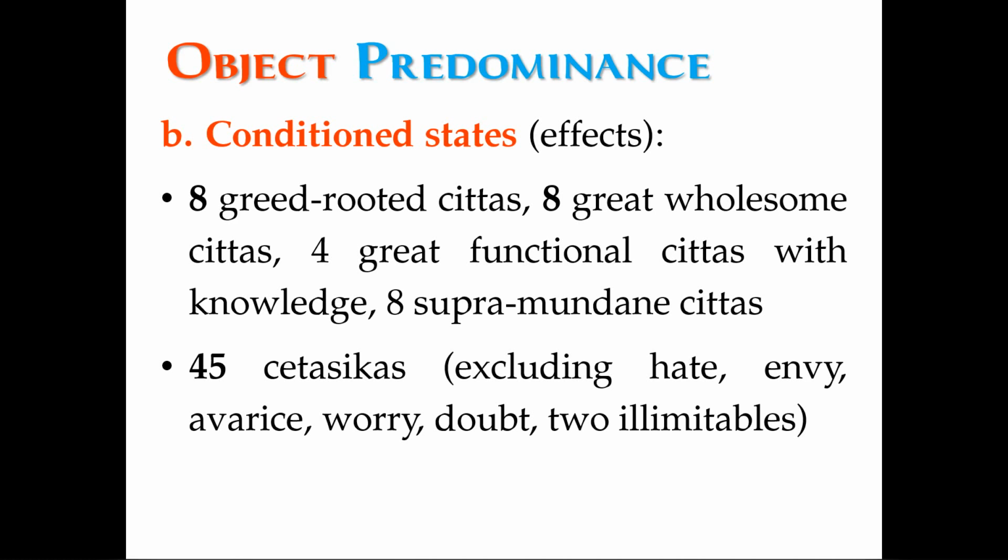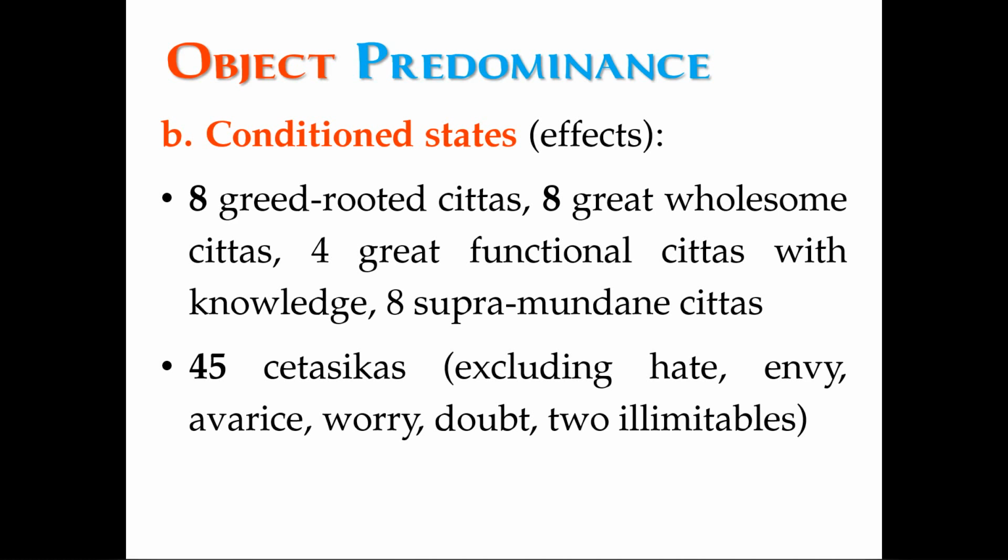So actually, predominance has 2 types: object predominance and connection predominance. Now we are talking about object, not a normal object, a special one: a strongly desired object, an object you elevate and cherish.